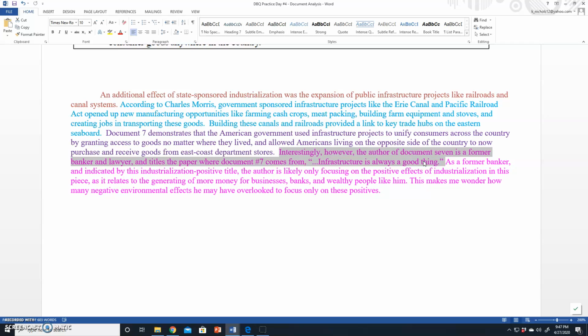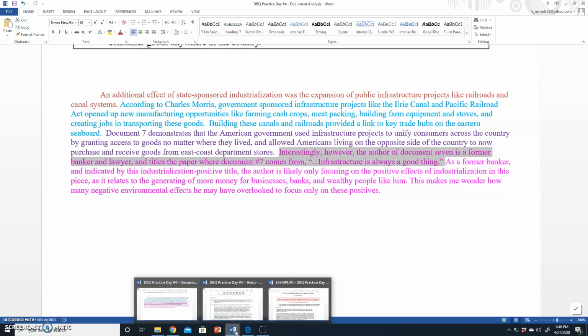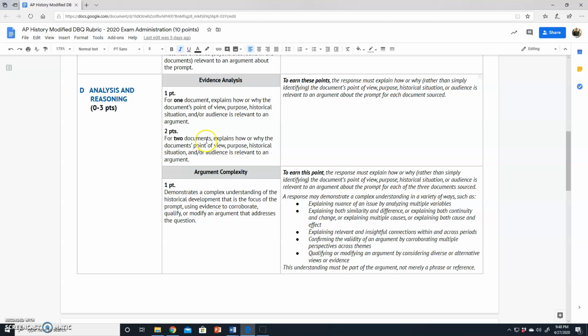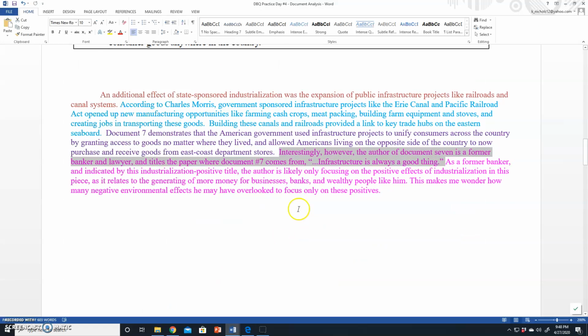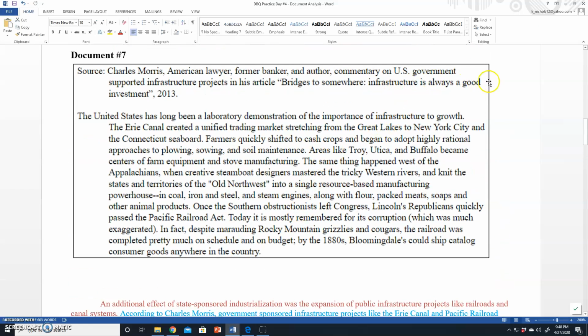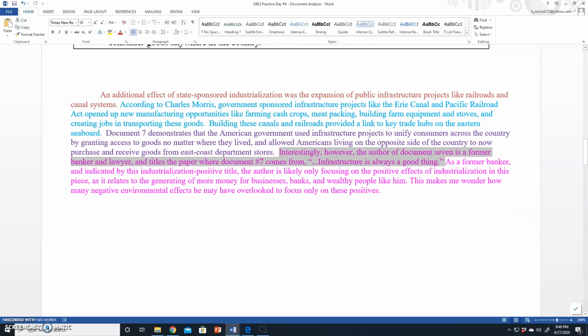Okay, now that I've recognized sourcing, which category does it fit into? Well, I'm telling you it fits into point of view. Because when we look back at our choices, point of view, purpose, historical situation, and audience, when he says infrastructure is always good, I'm not pointing to a time period, so it's not historical situation.